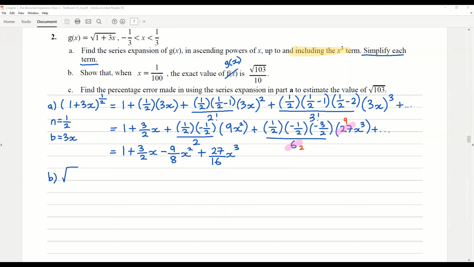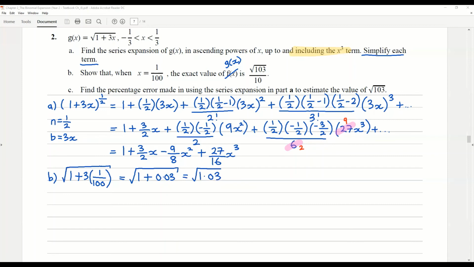So if I substitute that in, that's going to be 1 plus 3 lots of 1 over 100 inside the square root. Okay, now this 3 over 100 is of course 0.03. So that's going to be 1 plus 0.03. It's better to go back to decimals first, isn't it? Which equals the square root of 1.03.